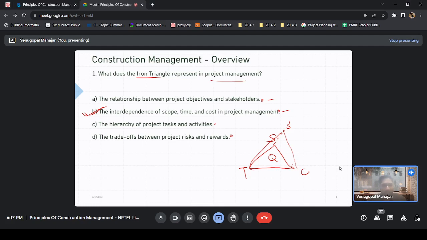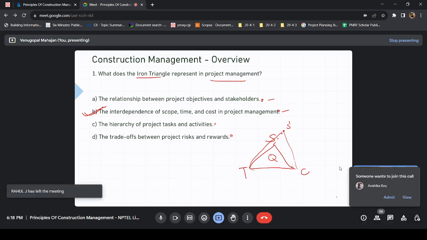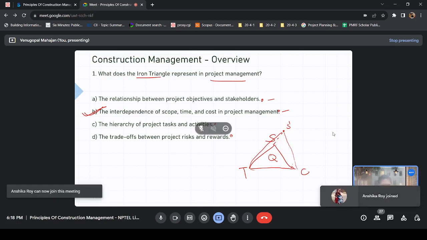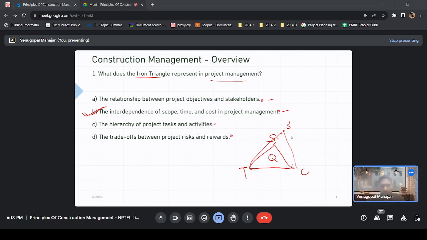But your quality of project has gone down. What do you mean by quality of project? In this case, it is very simple: if your planned achievables or deliverables are not achieved, the project is of poor quality. We will have a whole week of discussion on quality management, so we'll see to it then.